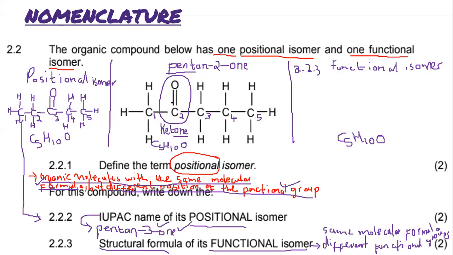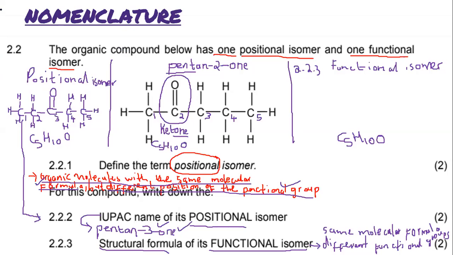Because if I were to draw it again between two other carbon atoms, my dear learners, then it will still be a ketone. The functional group will still be the same, so it wouldn't be a functional isomer. It means it must be a completely different functional group.